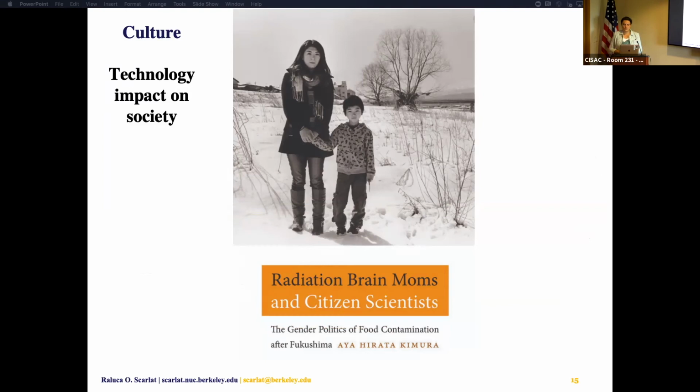And lastly, another element of culture is the technology's impact on society. This is a picture of a book that is titled Radiation Brain Moms. And it speaks again about the Fukushima accident and how the women in Japanese society had the responsibility for child rearing and for providing the food for the children, whereas the men primarily were working at the nuclear power plant and working in the industry.